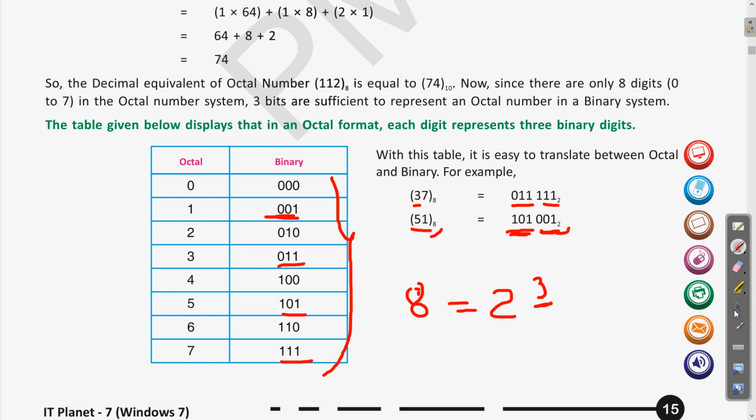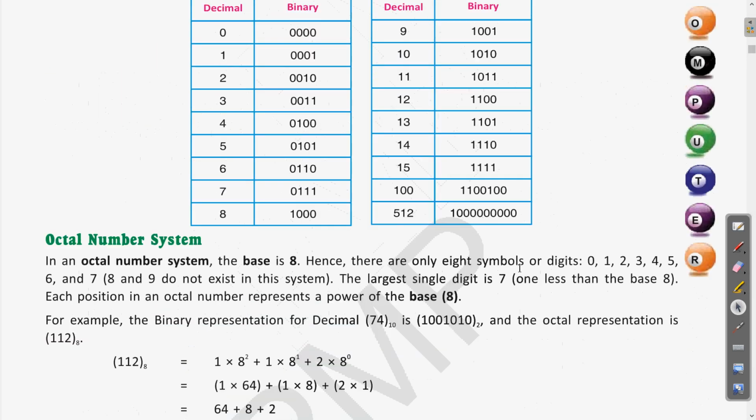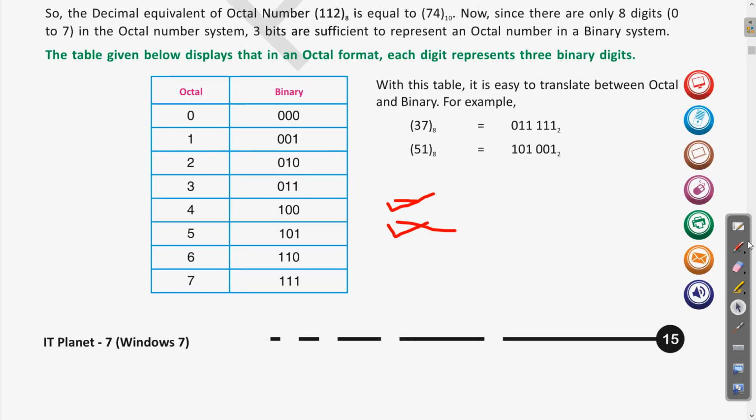Clear? So to revise all of these, as homework, a few questions I have already told you: do the decimal to binary conversion using the successive division method or the power of 2 method, any way you can. Clear? And the next question for today is octal to binary.